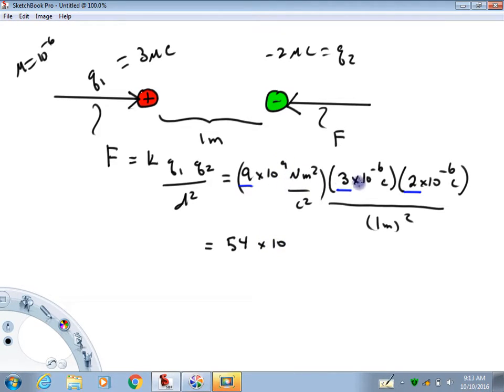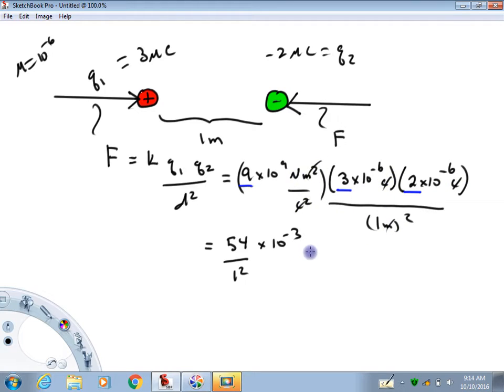10 to the 9th times 10 to the minus 6 is 10 to the 3rd. Times another 10 to the minus 6 is 10 to the minus 3rd power. And this is divided by 1 squared. So I'll just put this divided by 1 squared in the bottom. And unit-wise, when we take newton meters squared over coulomb squared, the coulombs squared cancel, the meters squared cancel.